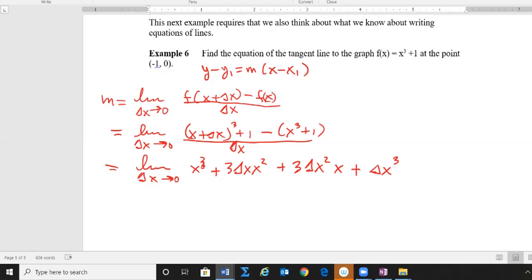Okay, so notice how powers went down: x squared, x cubed, x squared, x, and then x to the 0. So you'll have to do that expansion. I left out a few steps, but it's nothing that you can't do with a little bit of perseverance. You can get that.